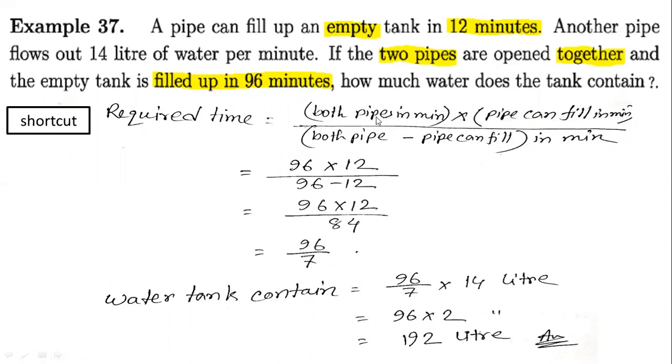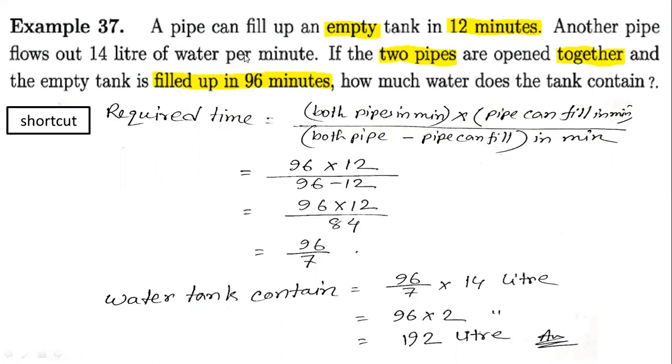Here both pipes in minutes means the two pipes are opened together and the empty tank is filled up in 96 minutes, so we need this value 96, into the pipe can fill in minutes, that is the empty tank is filled in 12 minutes. So 96 into 12, divided by 96 minus 12. If we use this shortcut formula, then we get the value of the required time.